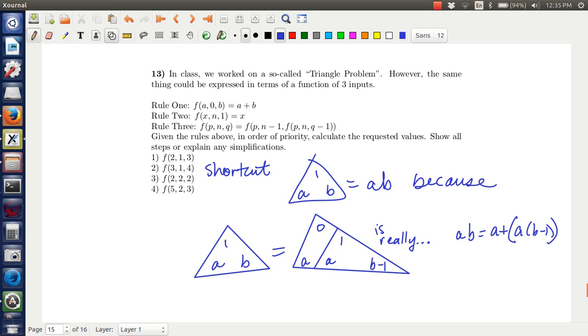So the point is, the reason why there's a relationship that allows us to just say triangle A 1 B is A times B, is because we're making use of the way multiplication distributes over addition.